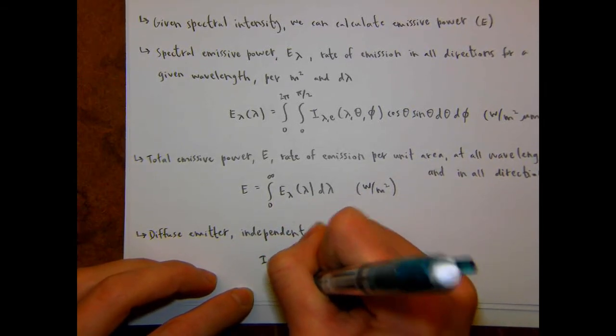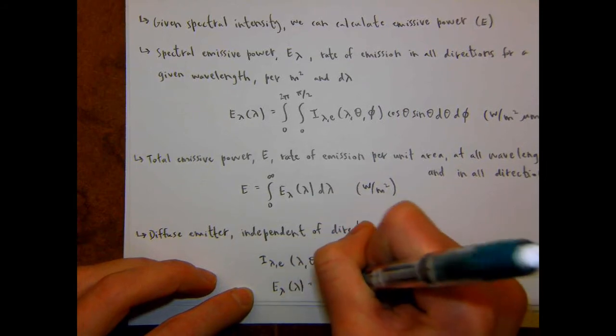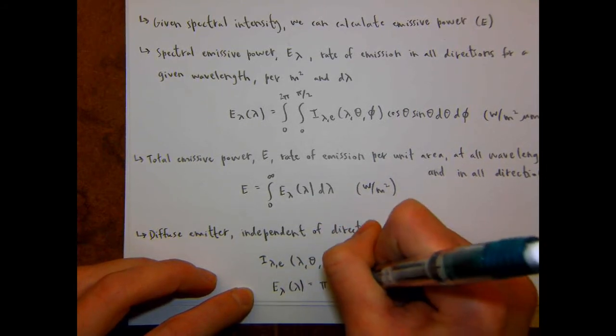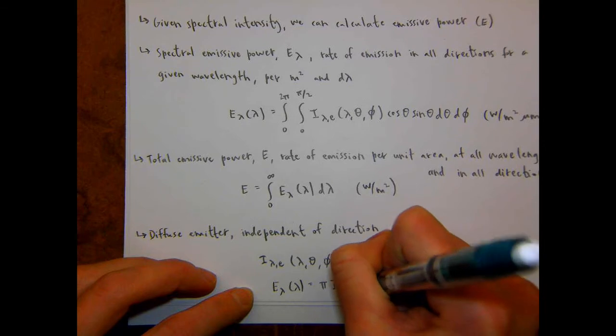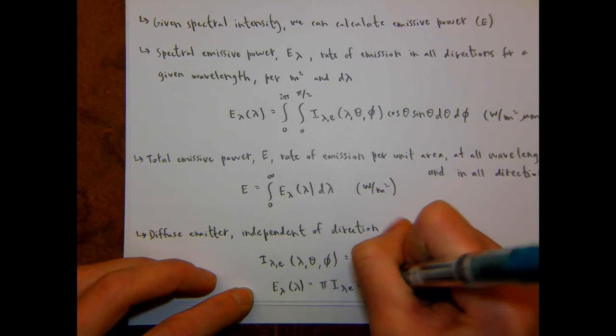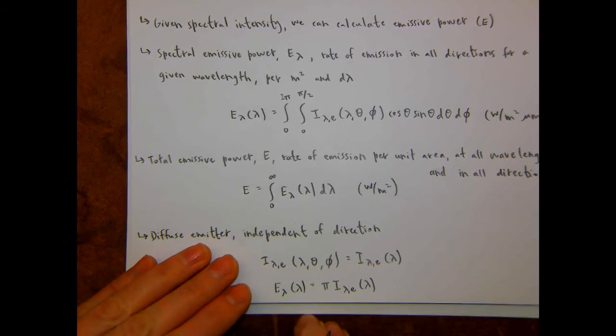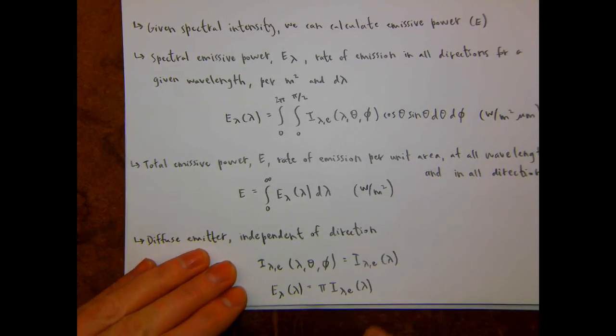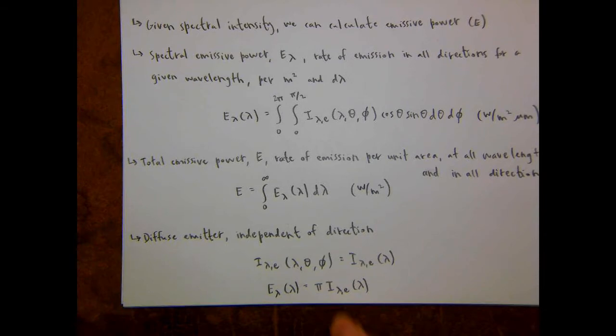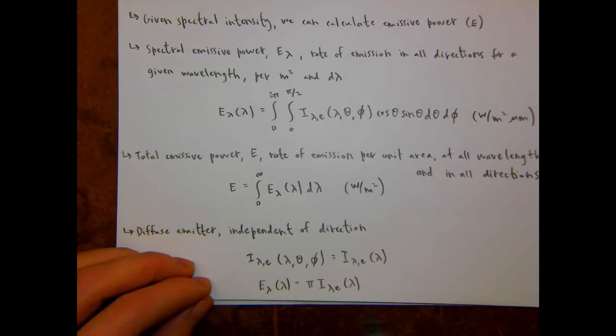So now the spectral emissive power is just pi times the spectral intensity.